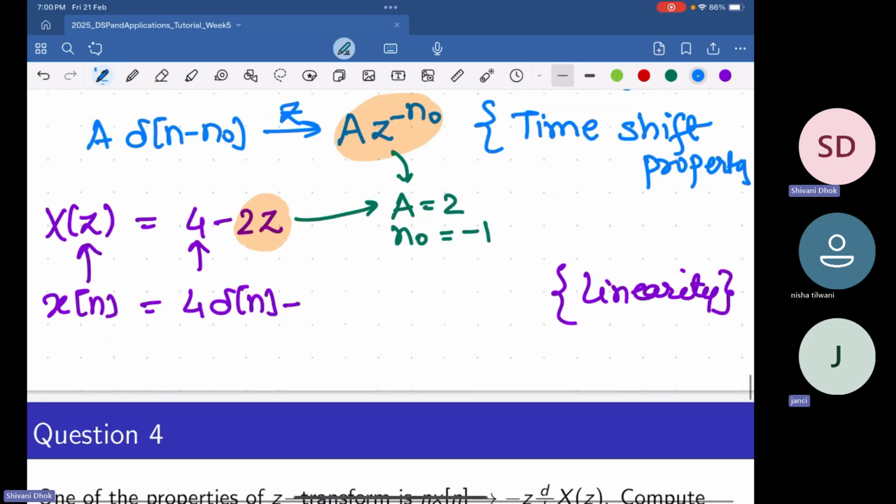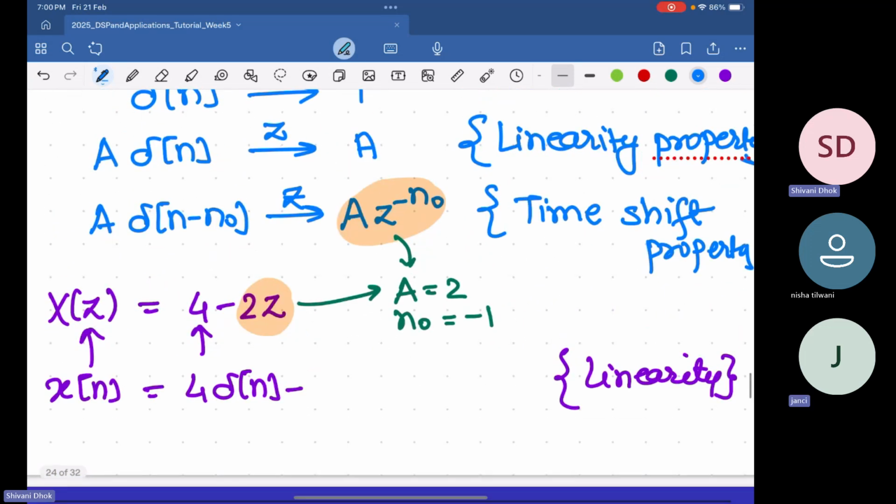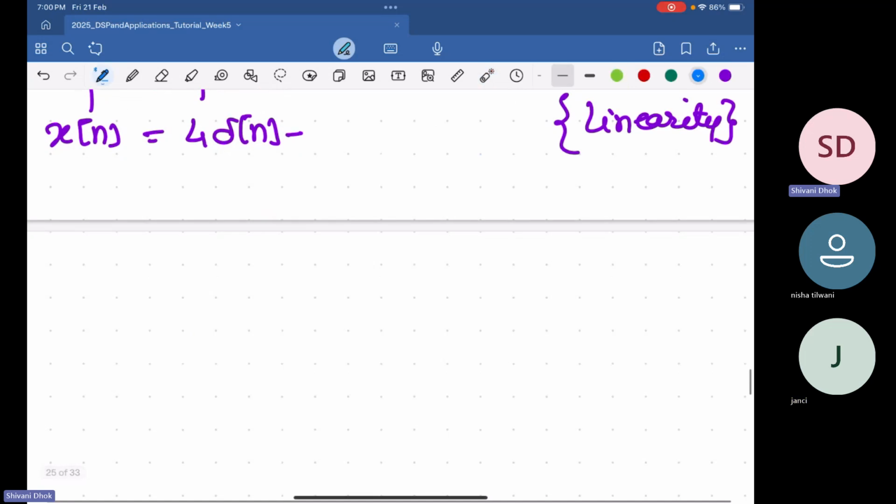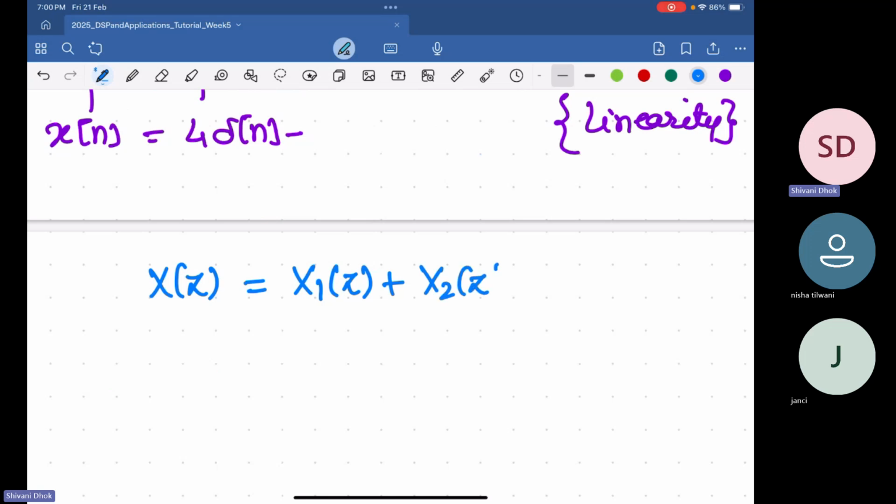Okay, I got your problem. So if you consider this part, wait, let's do it in this fashion. I have this x of z as x1 of z plus x2 of z.